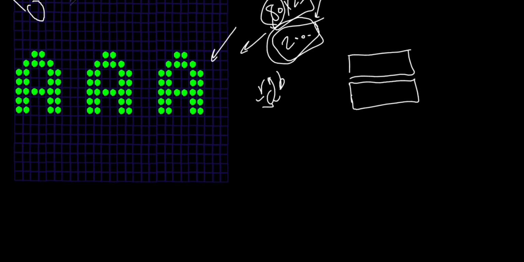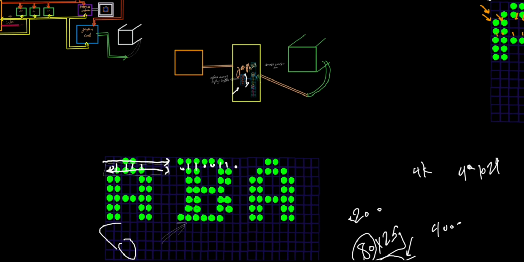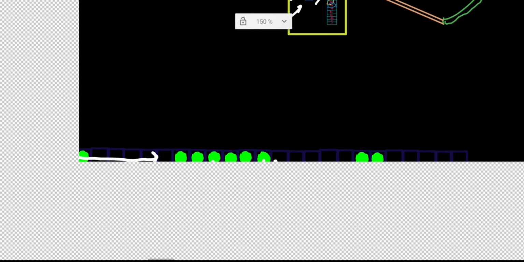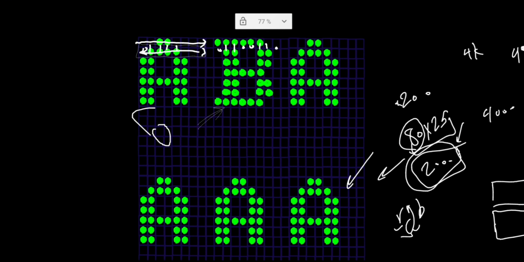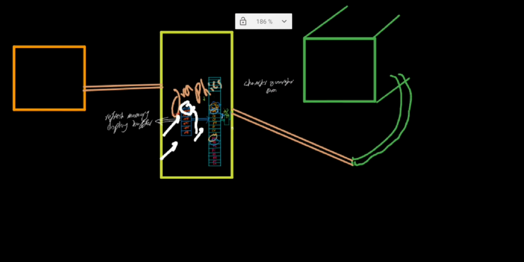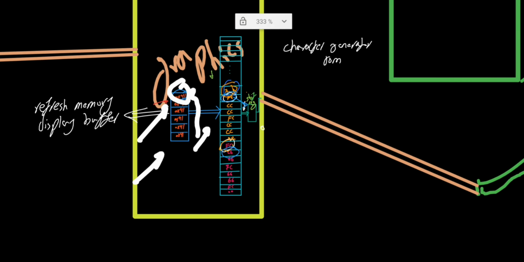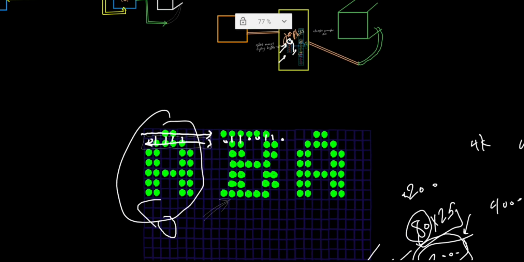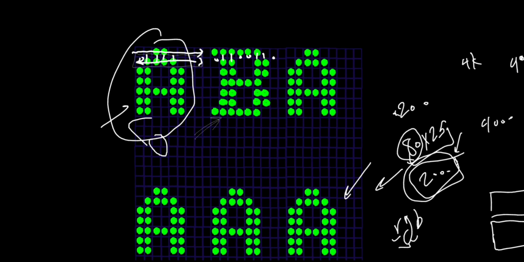What it means is, just imagine in our refresh memory that we have written 0x41 in the first memory cell, which therefore specifies that the first character that should be shown in the first position, in the top left position, should be A. Now imagine in the next memory cell, instead of having the ASCII code for the second character, we would have another byte which would represent the background color and foreground color related to this character.